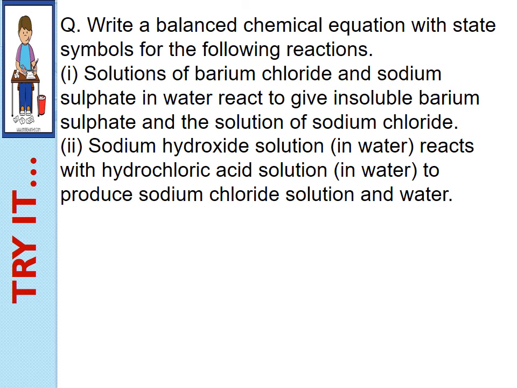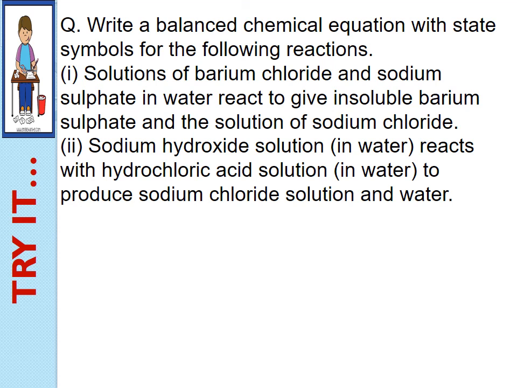Next question for practice. Write a balanced chemical equation with state symbols for the following reactions. Solution of barium chloride and sodium sulfate in water react to give insoluble barium sulfate and the solution of sodium chloride. Sodium hydroxide solution in water reacts with hydrochloric acid solution in water to produce sodium chloride solution in water.